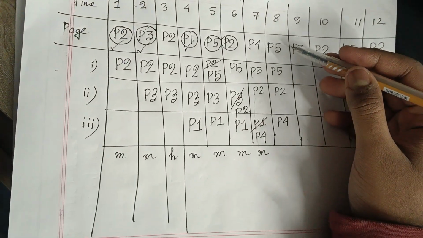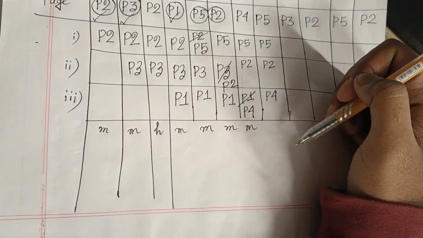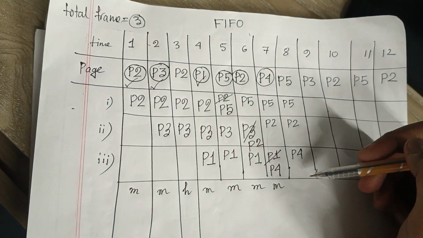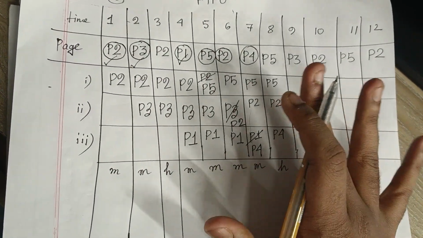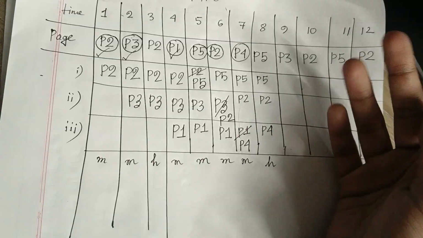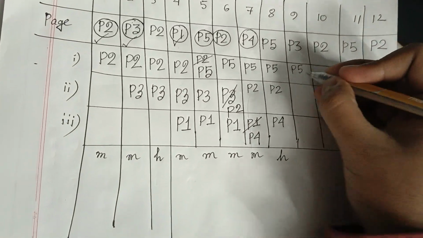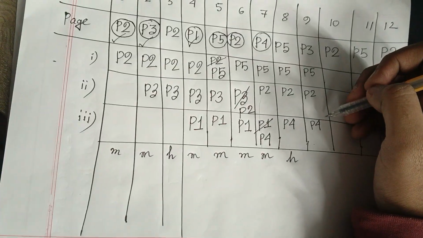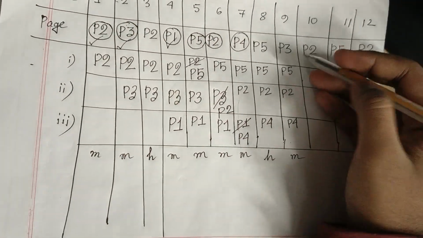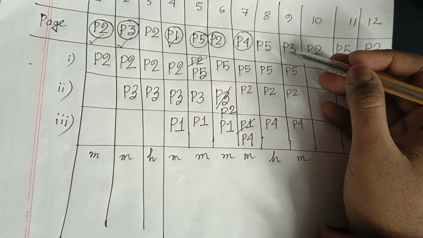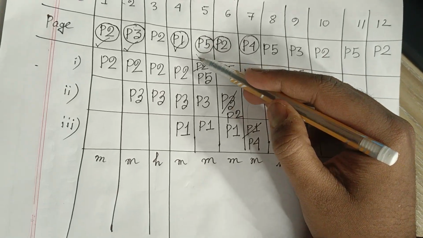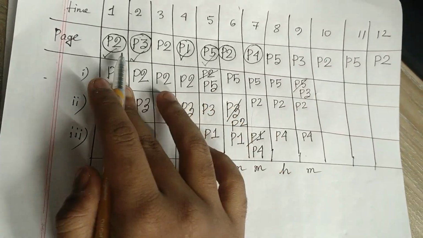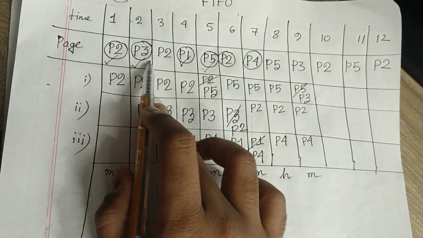Now P5, is it a miss or hit? It is a hit. We don't need to change anything. Then again, first copy everything: P5, P2, P4. Is P3 a miss or hit? Miss. Where do we put our P3? In P5. You are correct, P5, because we are marking which is done or not.